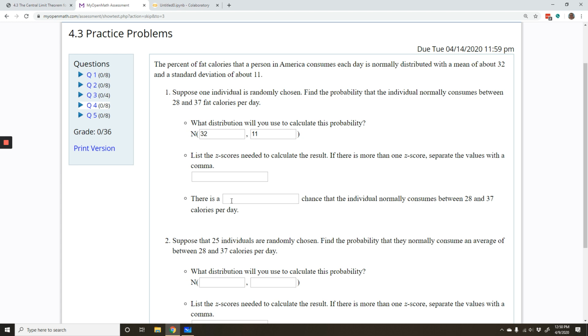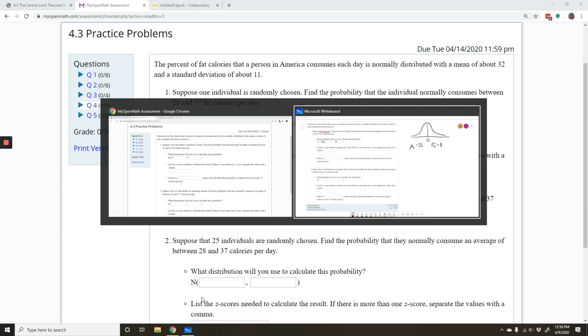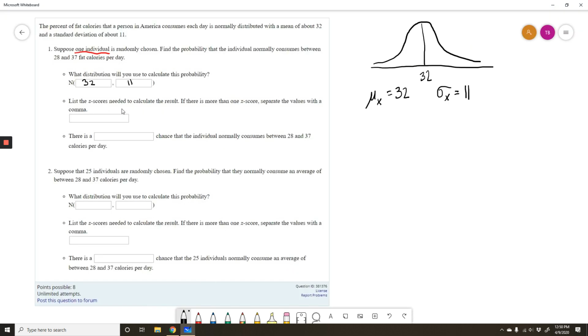Okay. So next part. We want to list the z-score needed to calculate the results. To get to the z-score, we're going to use the same formula we've been using: z equals x minus mu over sigma.